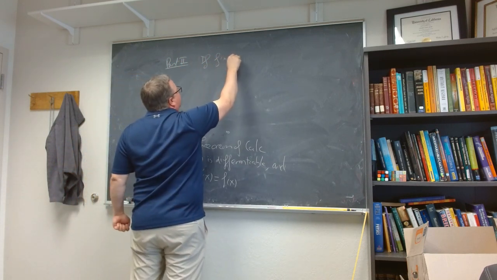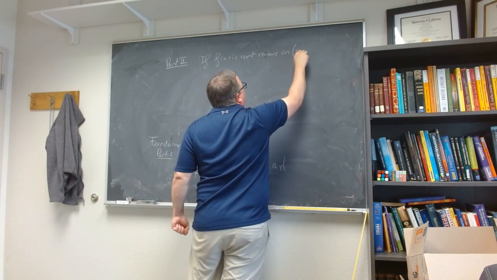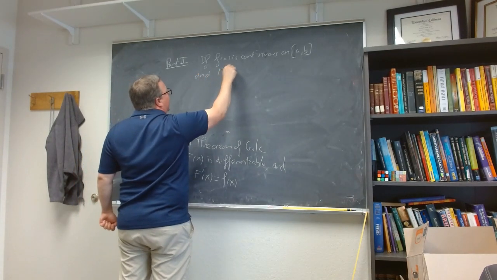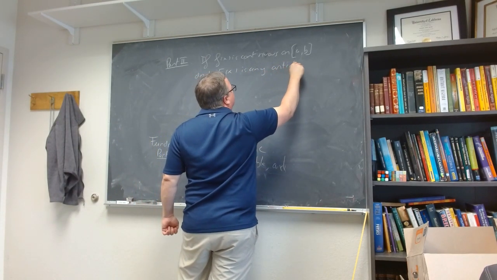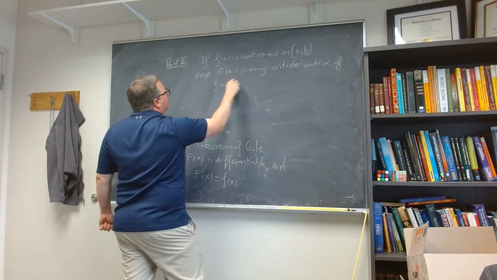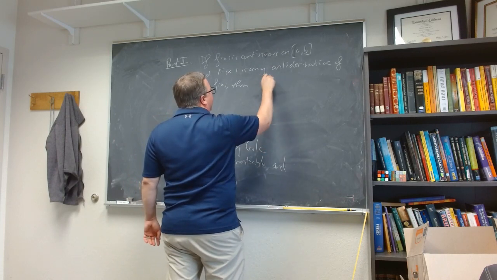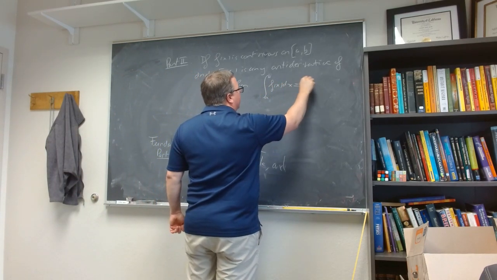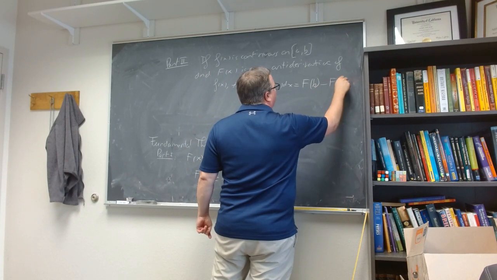If little f of x is continuous on the interval AB, and big F of x is any antiderivative of little f, then the definite integral from a to b, the area under the curve of little f of x dx, can be computed by plugging in the endpoints into big F and subtracting.